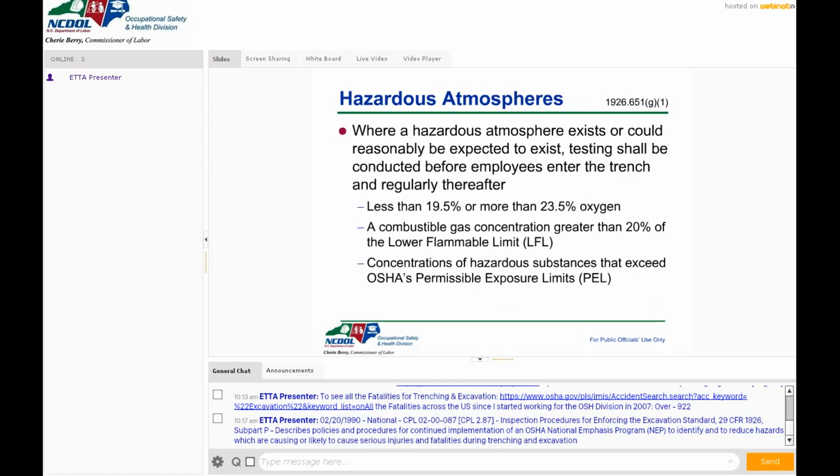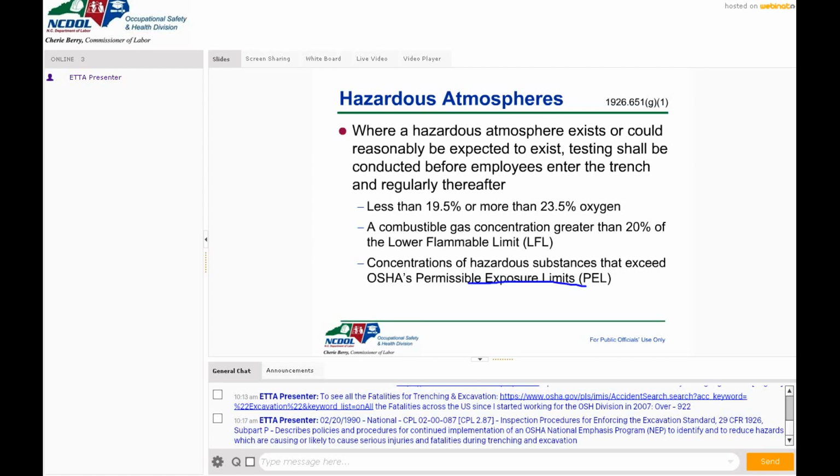Now, the atmosphere is very important. And this is throughout any of the standards that you see where it addresses the atmosphere. The oxygen must be between 19.5 and 23.5. Combustible gas concentrations cannot be greater than 20%. Then, if you're using some type of material down there, whether it be glue or adhesives or anything like that, you're going to have to pay attention to the permissible exposure limit as well.